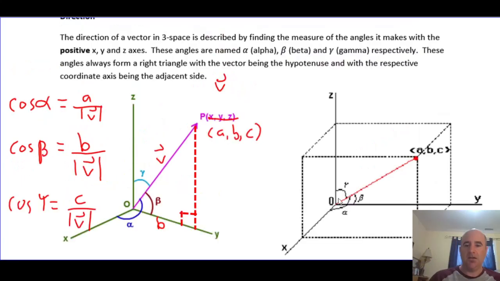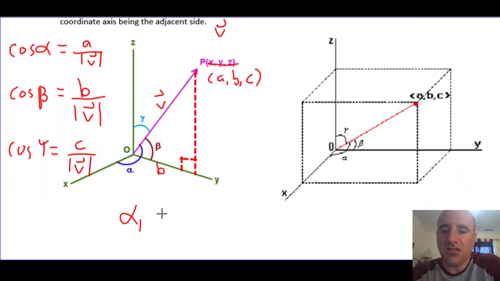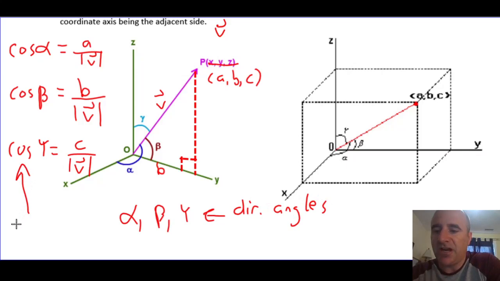There it is. Now, these alpha, beta, gamma, those are what's called the direction angles, okay? And the cosines of those are called the direction cosines. So let me just sketch that for you. Alpha, beta, gamma, direction angles, whereas these right here are called the direction cosines.